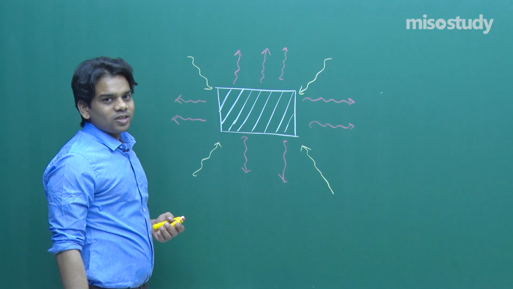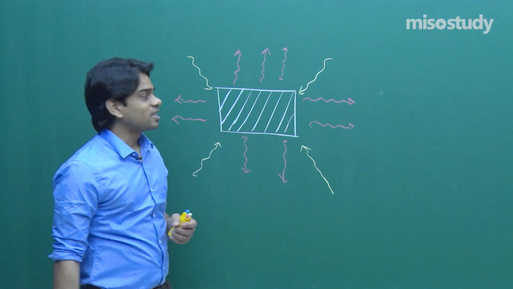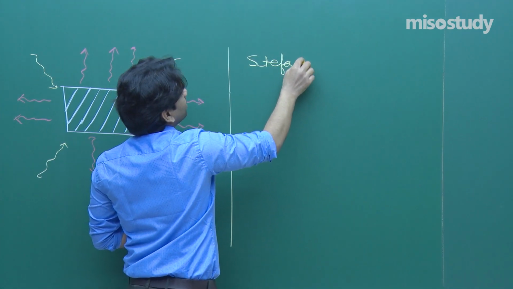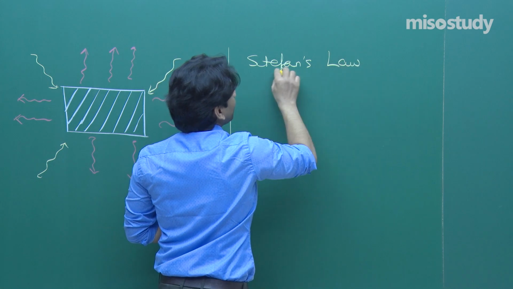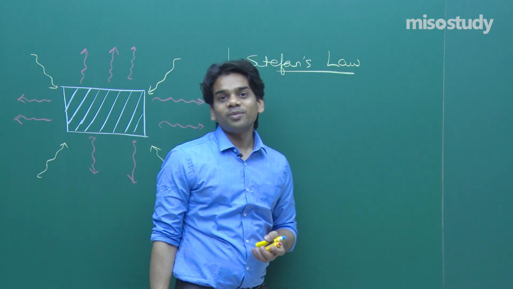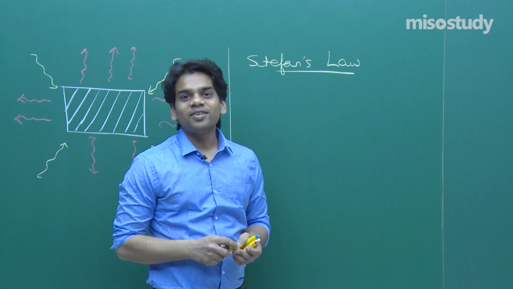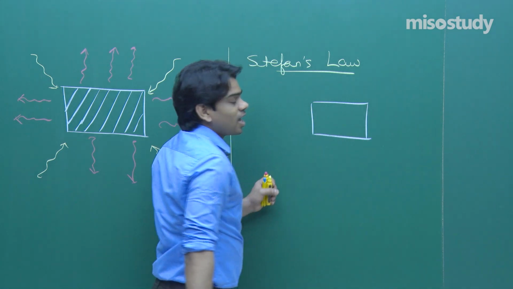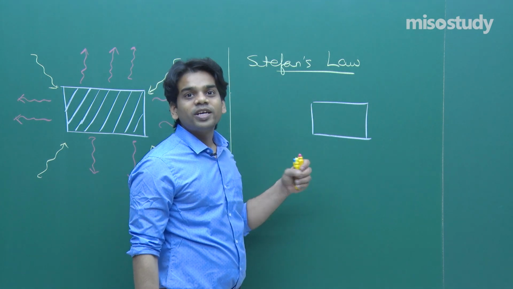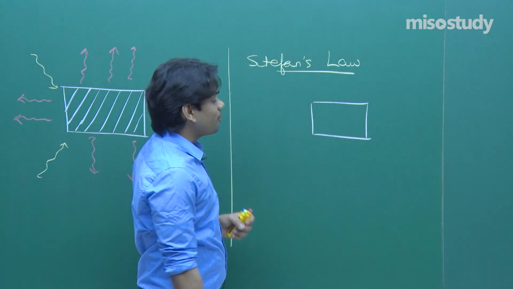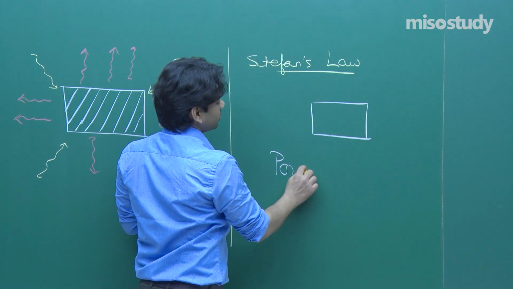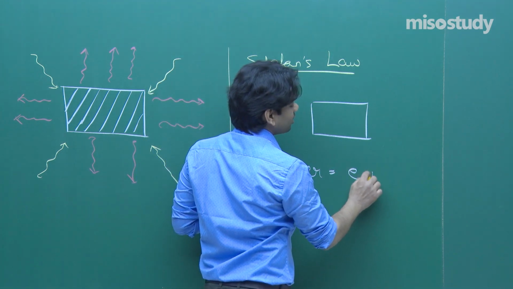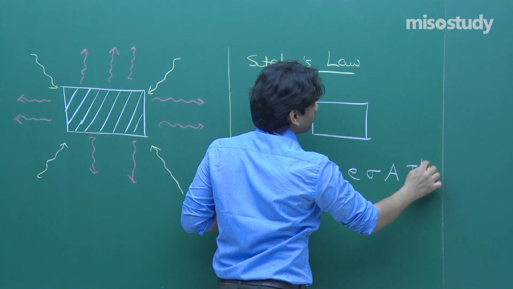Now there's a law called Stefan's law. Stefan's law says that the radiation emitted by an object can be described with a formula. Suppose we have an object that is radiating; the rate of emission of radiation energy, that is the power of the radiation, for any body is given as E sigma A T to the power 4.